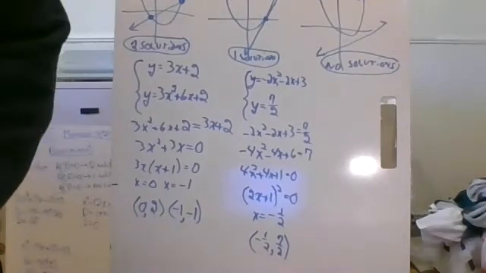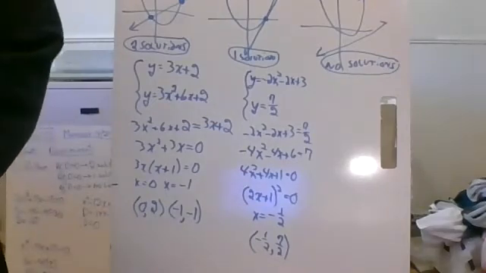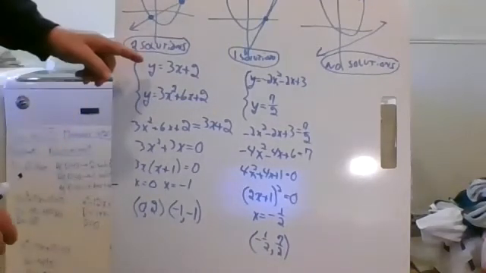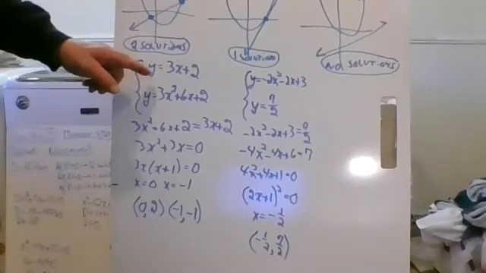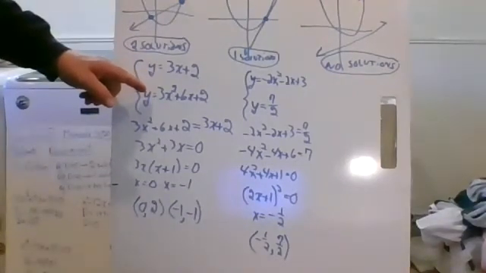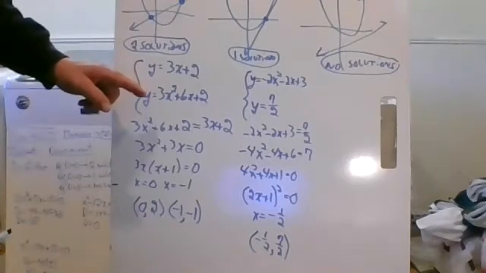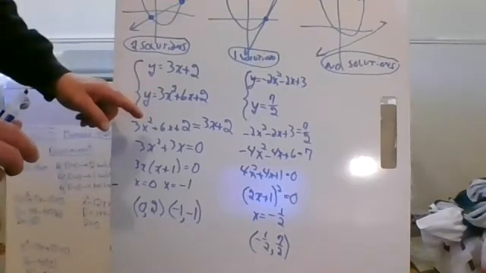So that's one method for solving a linear quadratic system. You put them both on the graphing calculator. You go to Zoom Standard, do the graph. You should see, in this case, the line hit the parabola twice. You should then go to intersect.